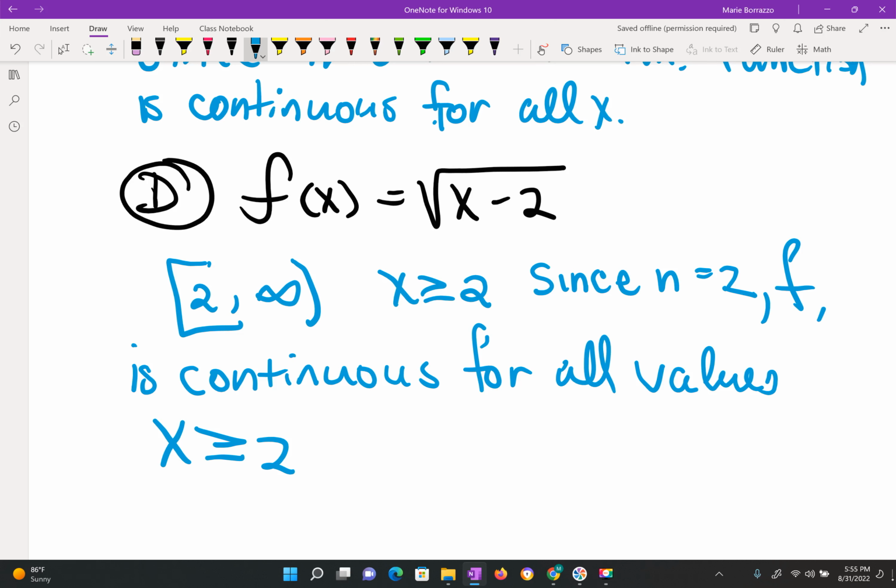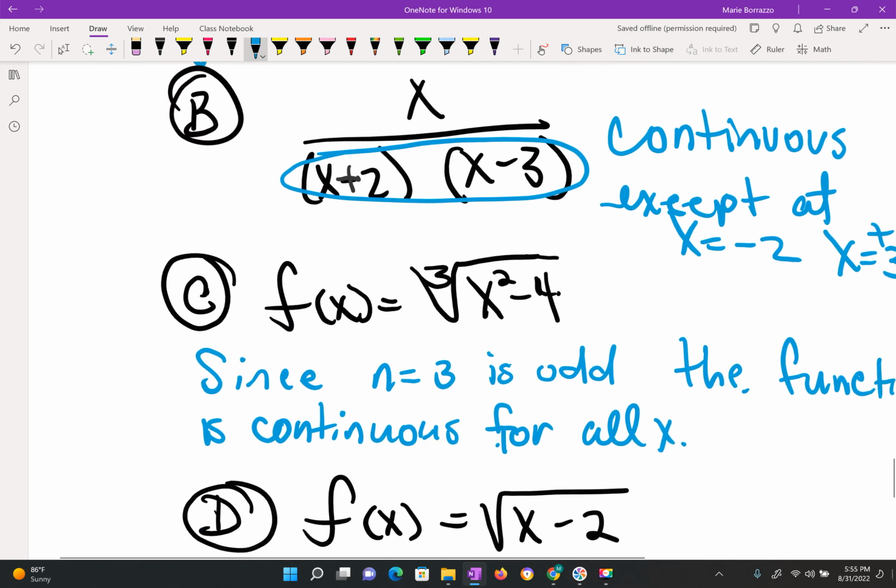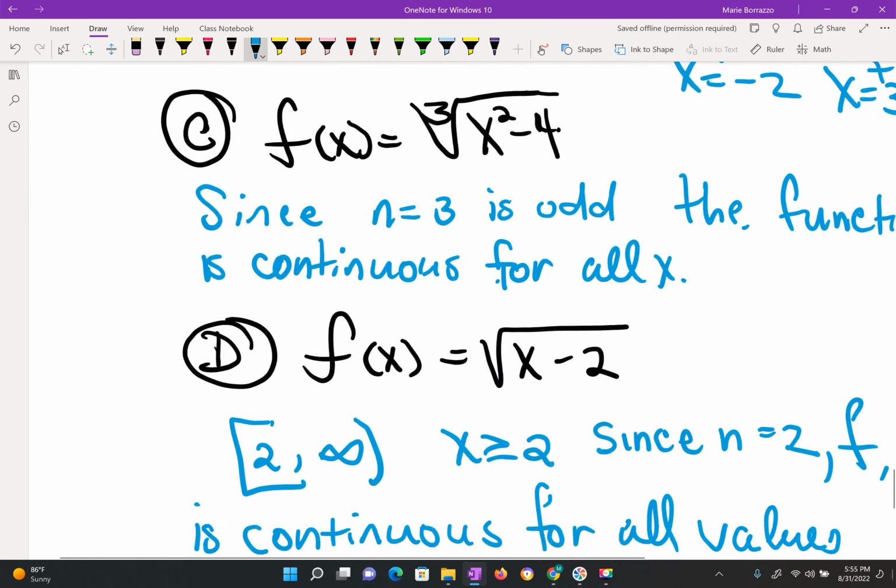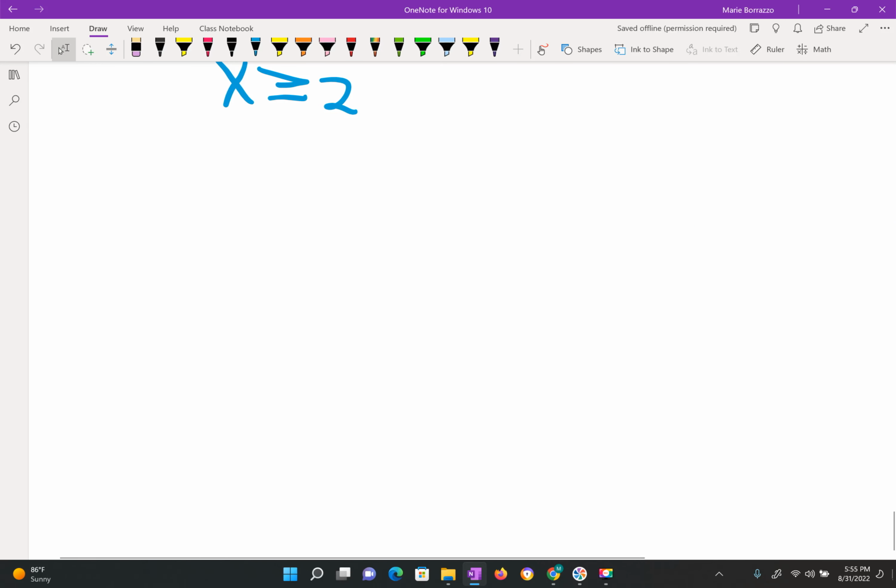Theorem 2. Was that example 3 by chance? Yeah. So we're on example 4, yay, we made it. Do you remember when you did the signs, what intervals worked in polynomial functions?